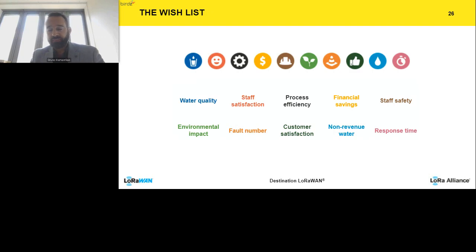To this extent, we can list a very long number of benefits, which we categorize here in 10 categories at Birdz. We're talking about environment, so energy, water, waste. Everything is linked to the quality of the asset you are monitoring, satisfaction from your staff and your clients, the capacity to make financial savings, and also avoiding missed billings from inaccuracies in metrology or in billing systems.